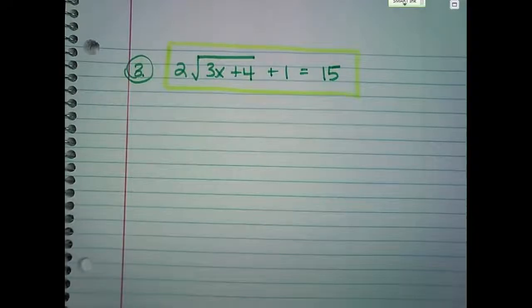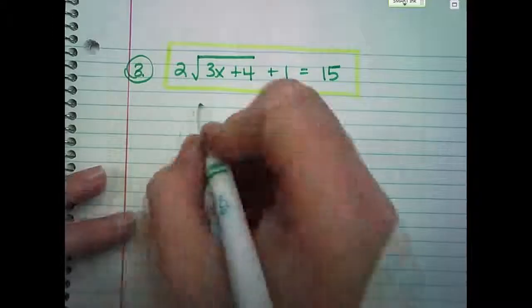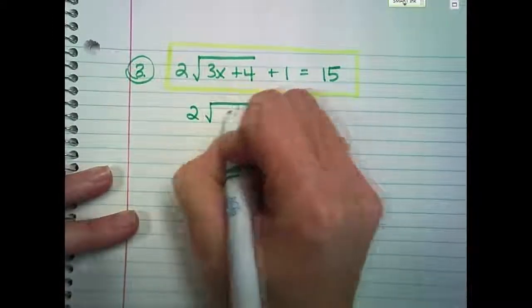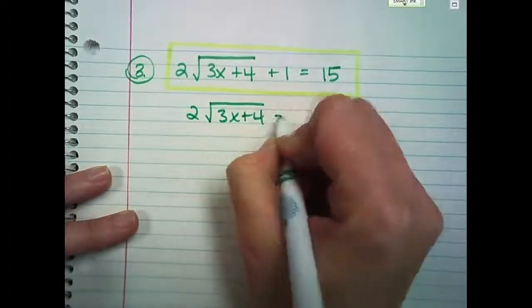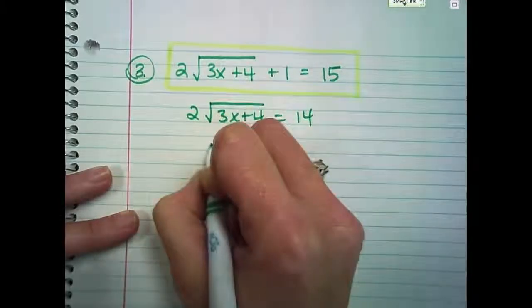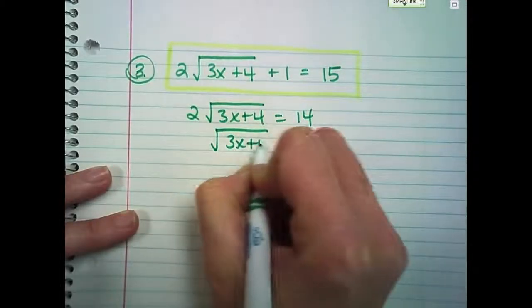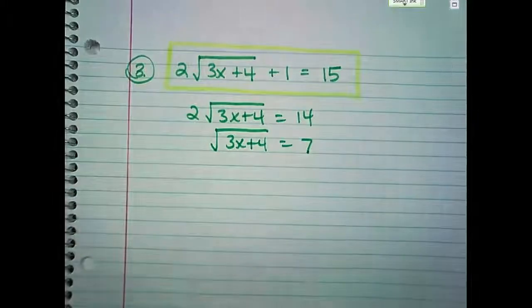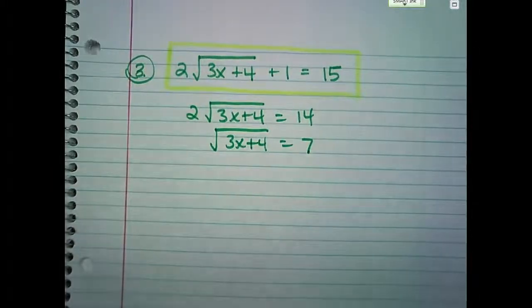What's the first step? Move the 1. Then what? Divide by 2. Yeah, you should move the 1, then divide by 2. Then square both sides.